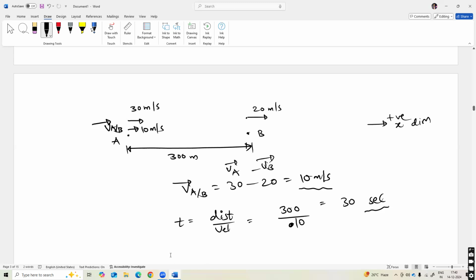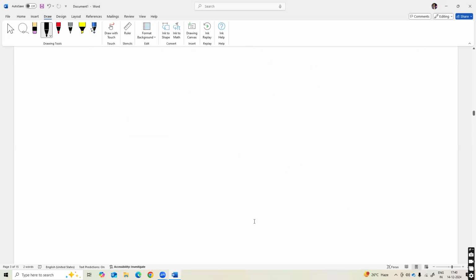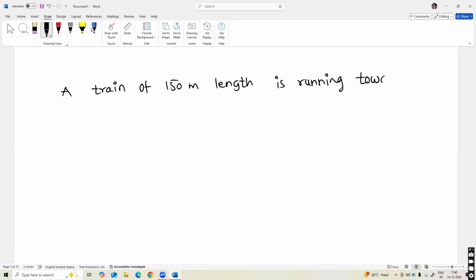Okay, so we will see one more question. A train of 150-meter length is running towards east at a speed of 10 meter per second.